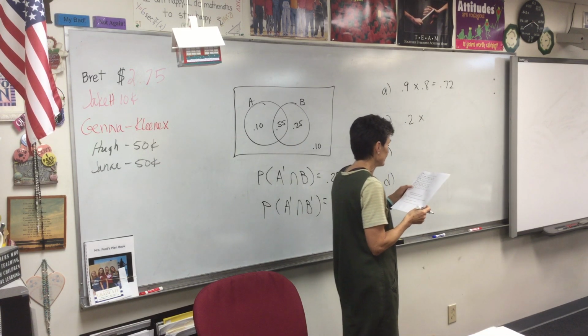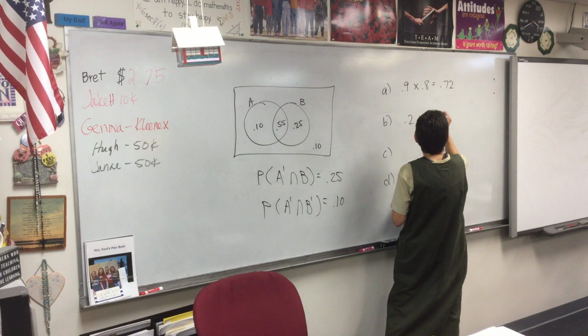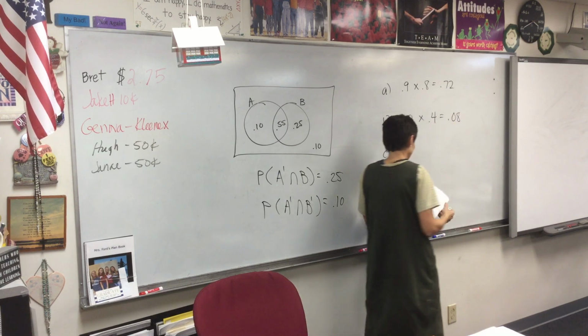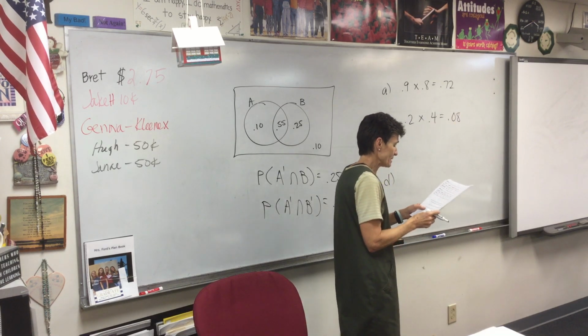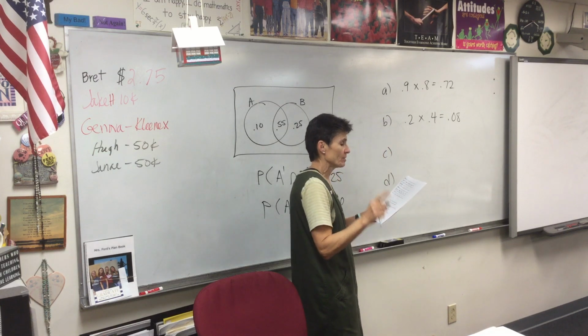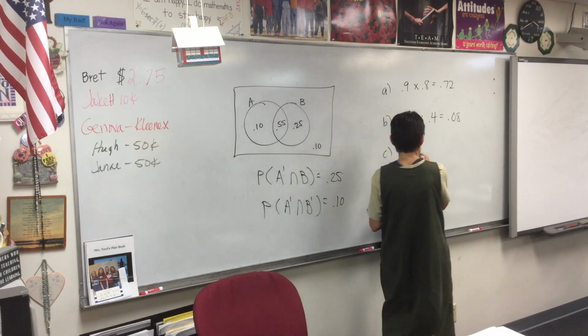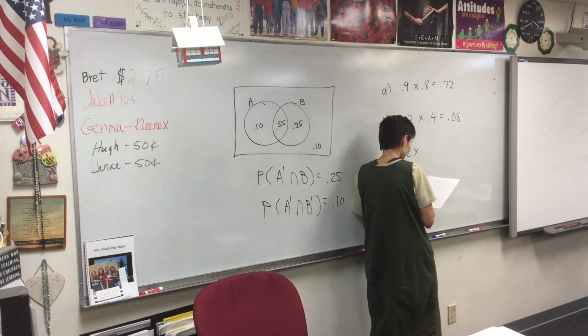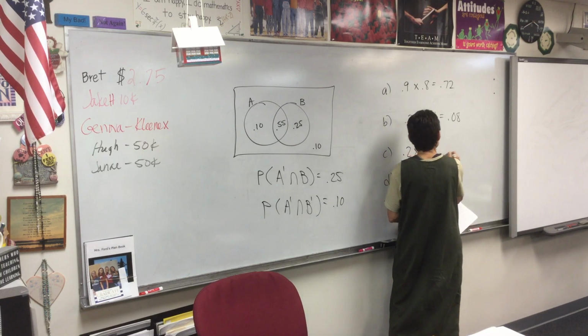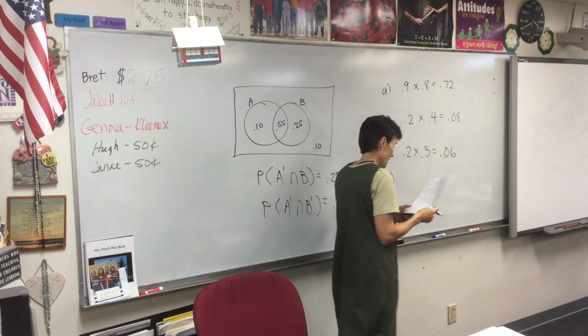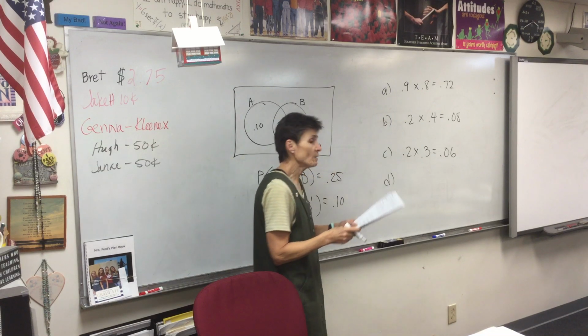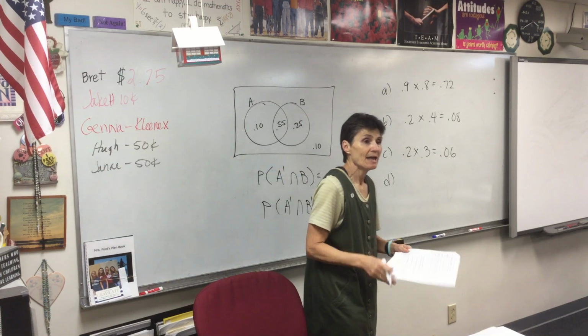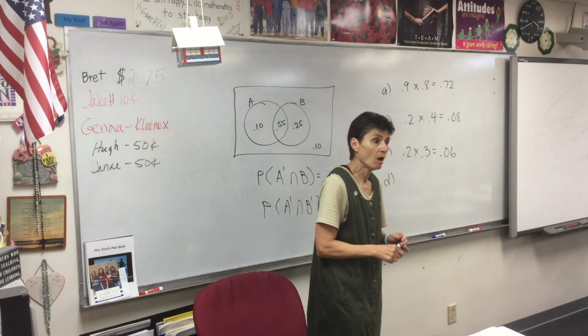And the second likes math, 0.08. What is the probability that both like English? 0.2 times 0.3, 0.06.